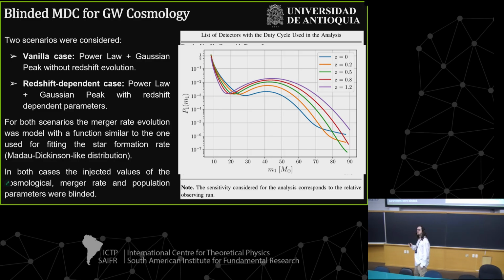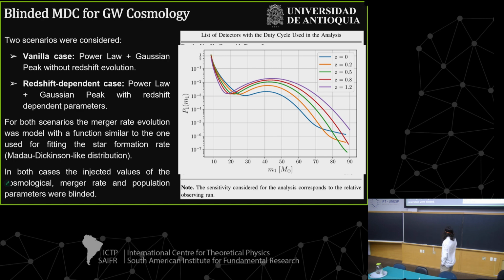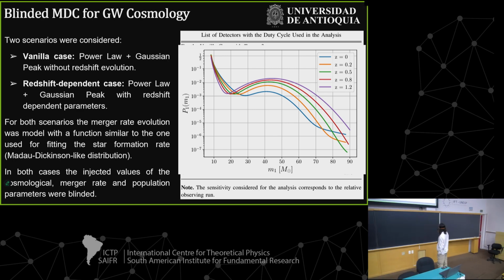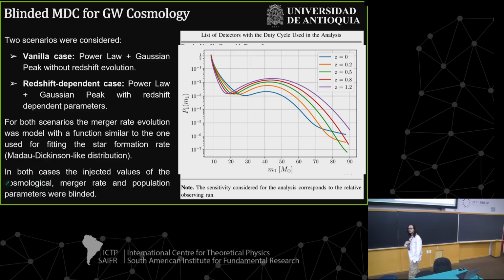That's why this is redshift dependent. Here you can see how the distribution of the primary mass changes as the redshift changes. The blue one is for redshift equal to 0, and the magenta is for redshift equal to 1.2. So you can see there is different behavior at different redshifts for the mass distribution.